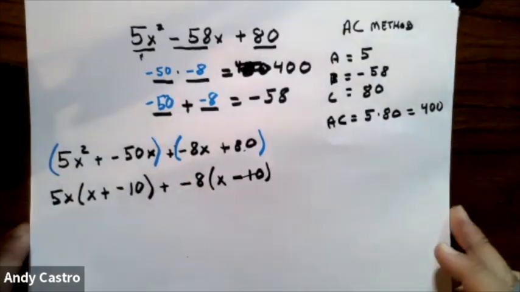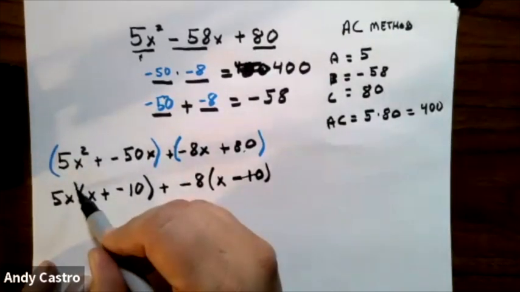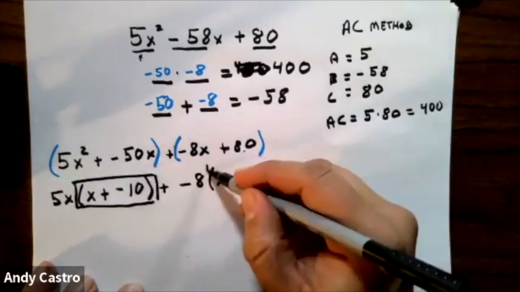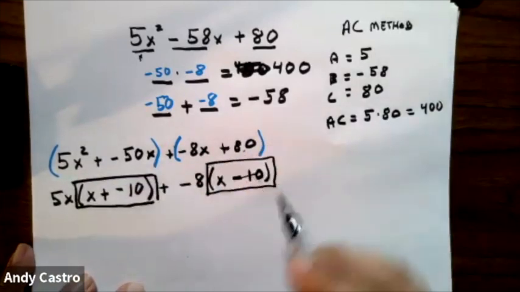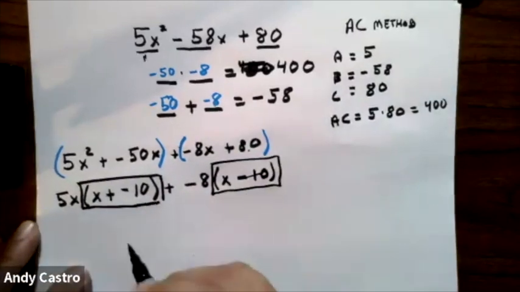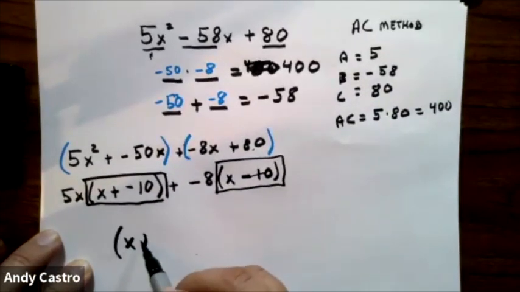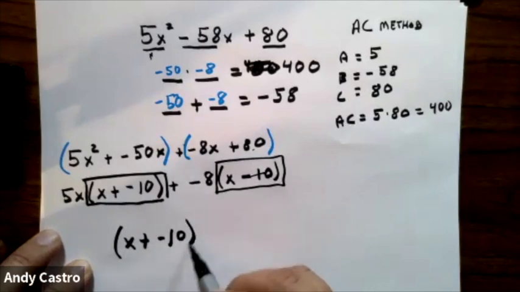All right. And we can see that what's inside our parentheses is identical. So I can pull it out as one factor, x plus negative 10.